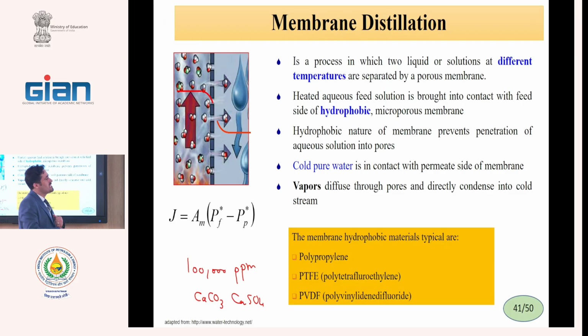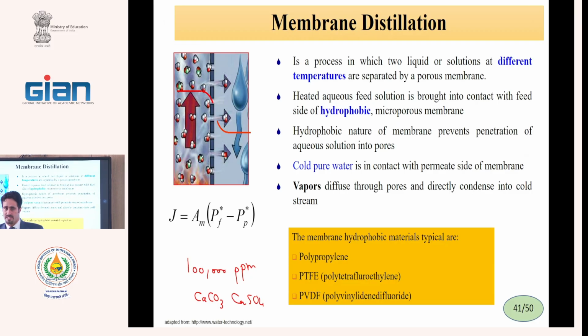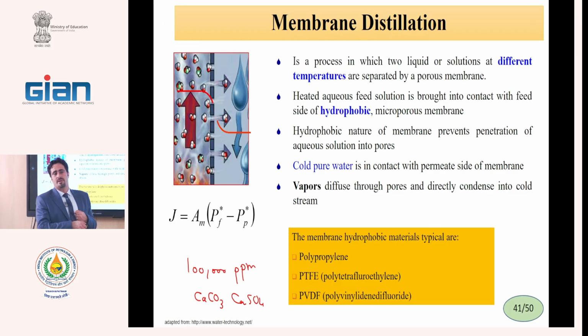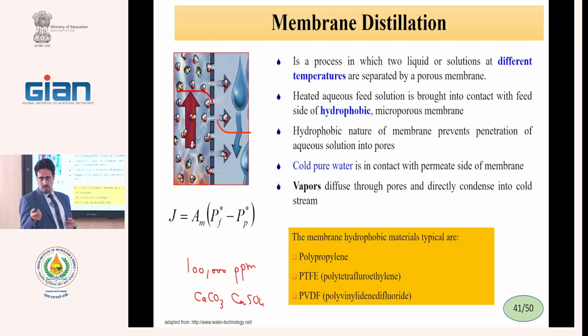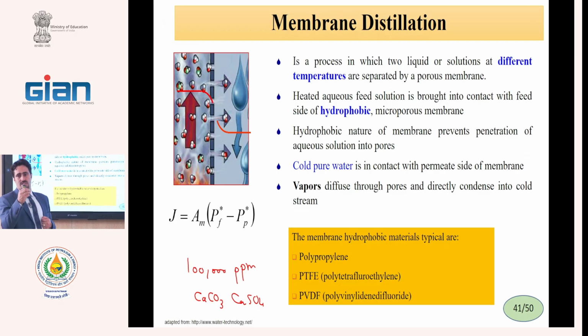We heat the feed. In this process, we heat the water solution, usually to 80 centigrade, but we do not reach the boiling point. As I said, the most energy is used in the phase change.